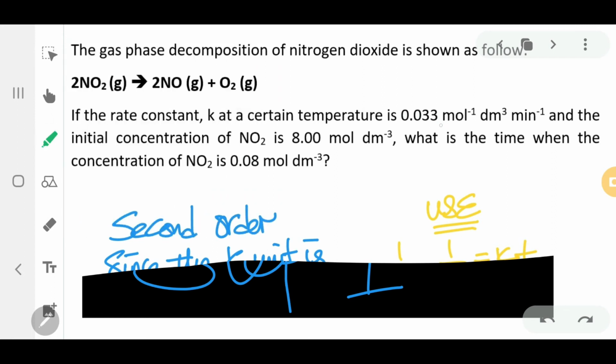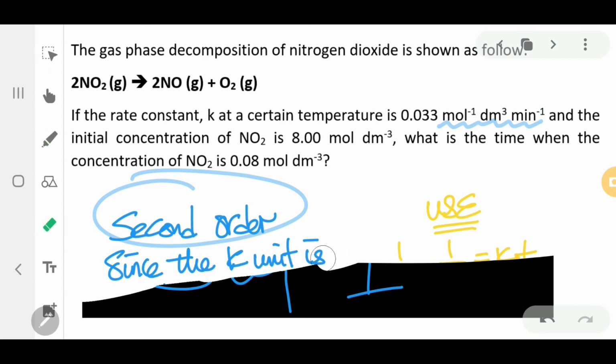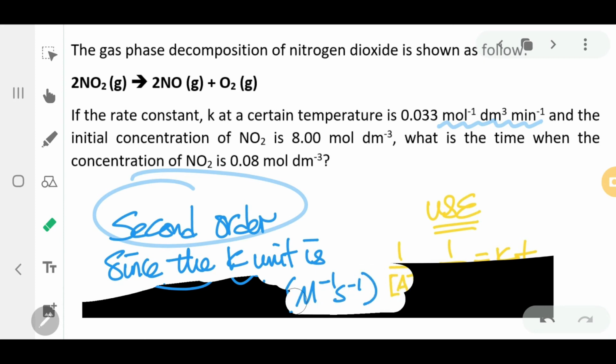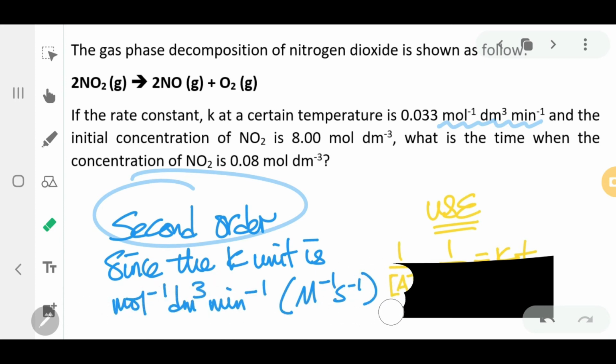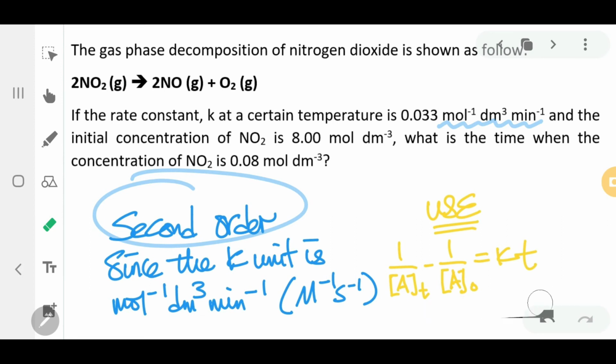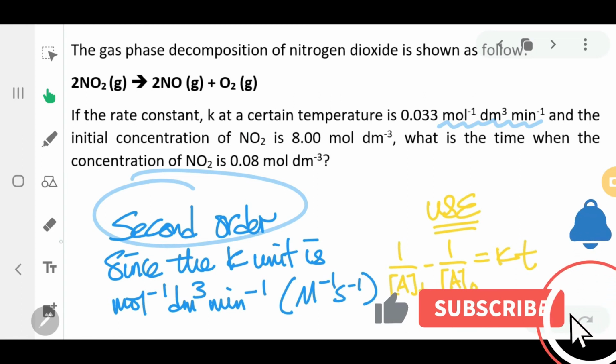That is the hint for second order, since the K units are per molar decimeter cubic per minute, also the same as per molar per second.